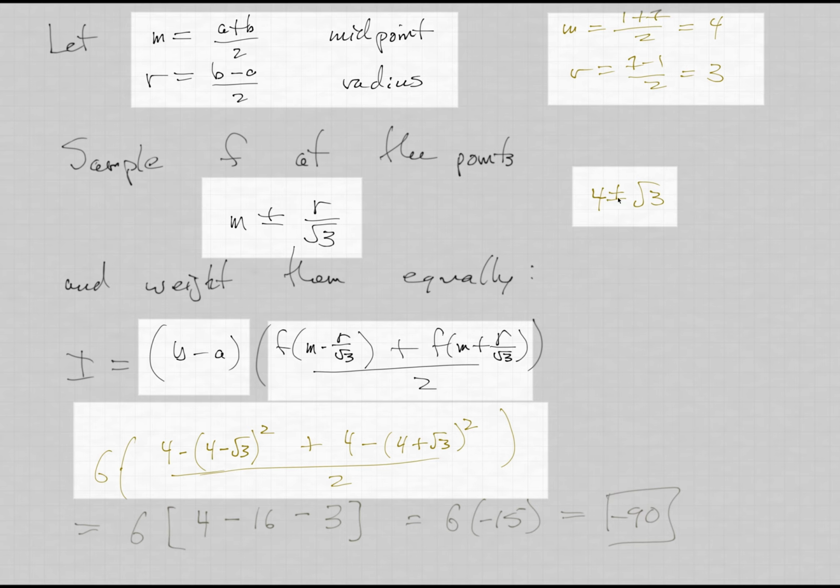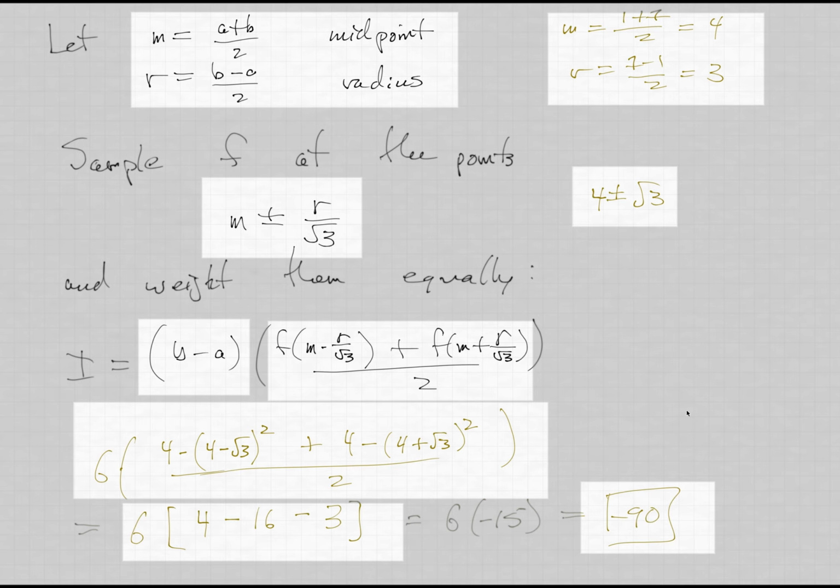And then we also plug in the other test point, 4 plus radical 3, and the value of the function is 4 minus the other test point squared. Take the average of those 2 values of the function, you get some cancellations. If you add everything up, it reduces to this, and you end up with negative 90, which is the same thing we got before. That's comforting. So that's not a coincidence.